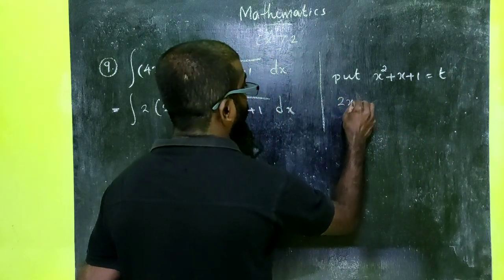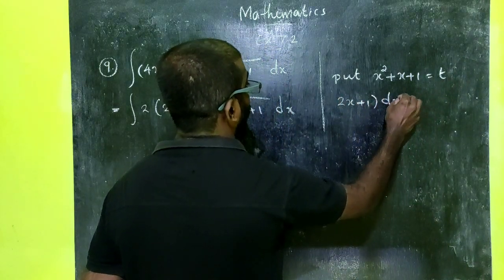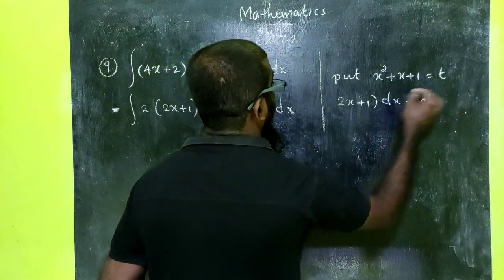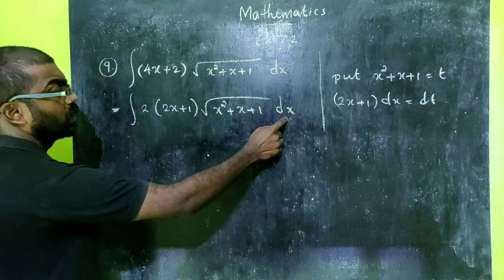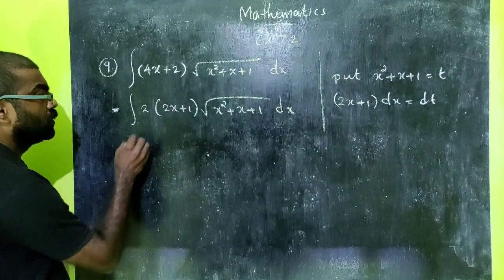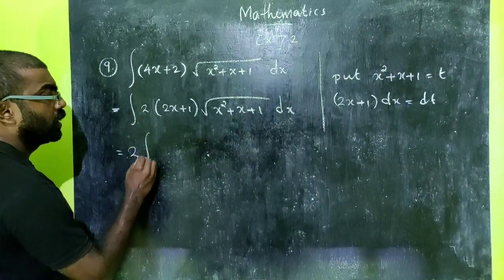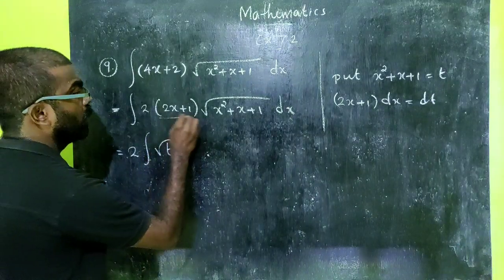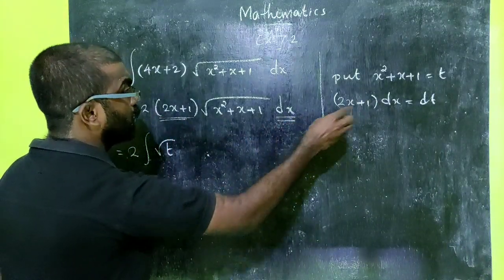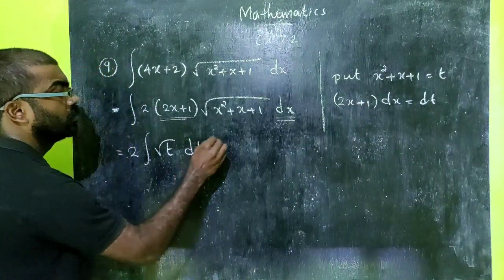Then the derivative is 2x plus 1 into dx is equal to dt. Okay, 2x plus 1 dx. This 2 we can take out. So 2 into integral root t, then 2x plus 1 and dx we can combine together and write dt.